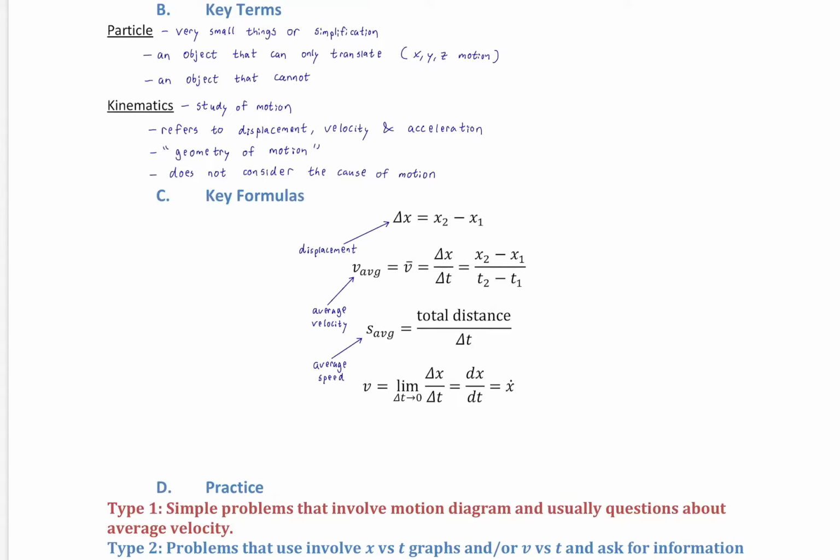We'll see a lot of velocities in problems throughout this semester. We also have average speed, same subscript. Now the difference between speed and velocity in terms of their formulas is that the numerator for speed is total distance, not displacement. Total distance is the sum of the absolute value of individual displacements, for i to infinity.